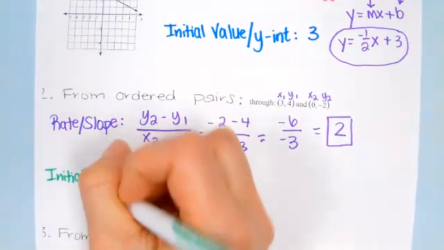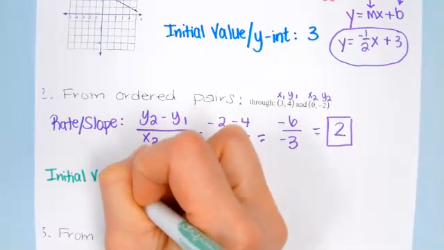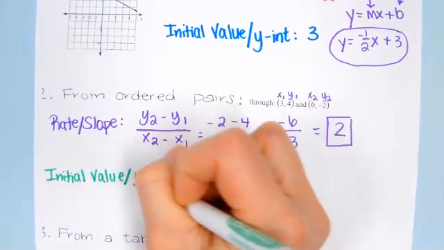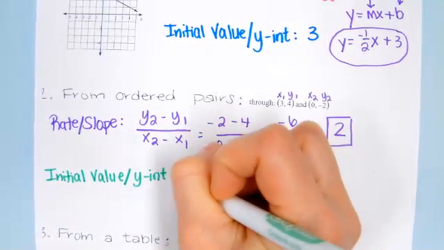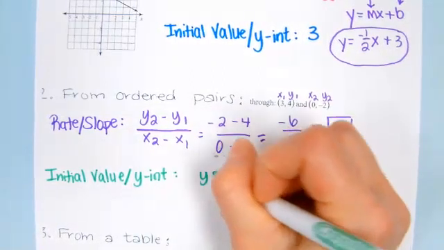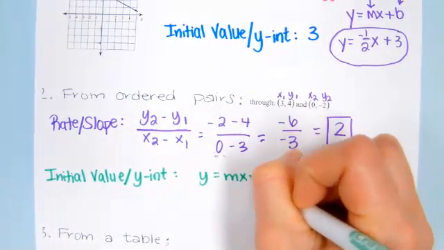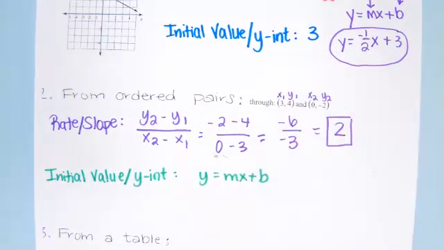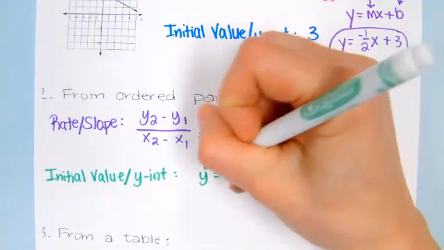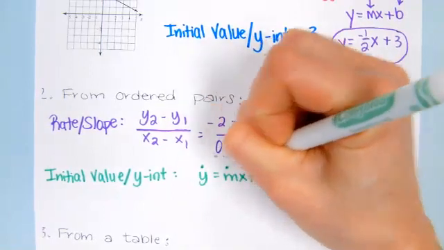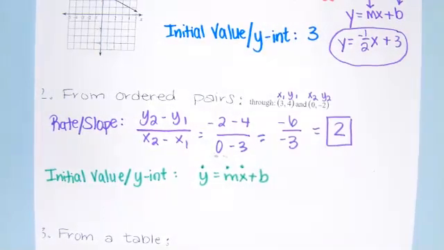So initial value, otherwise known as y-intercept, for these, we used y equals mx plus b. And to give you a little hint here, we changed y and m and x to numbers. Where did I get them? Ashanti, go.